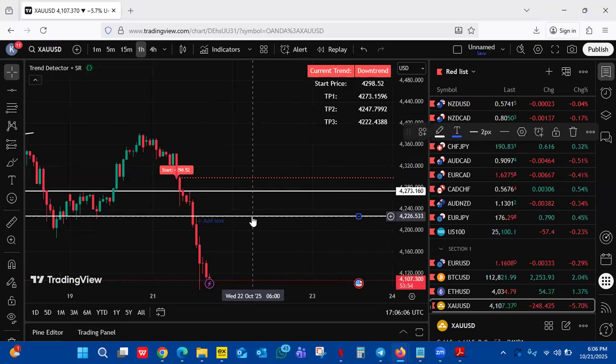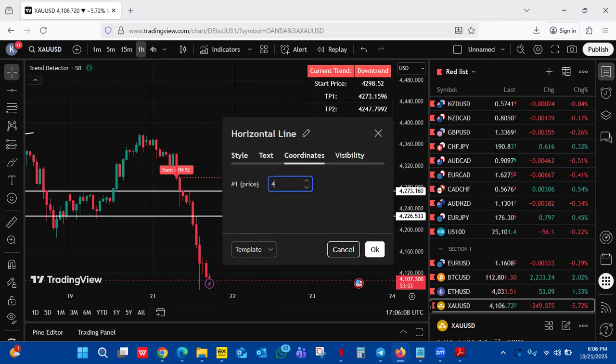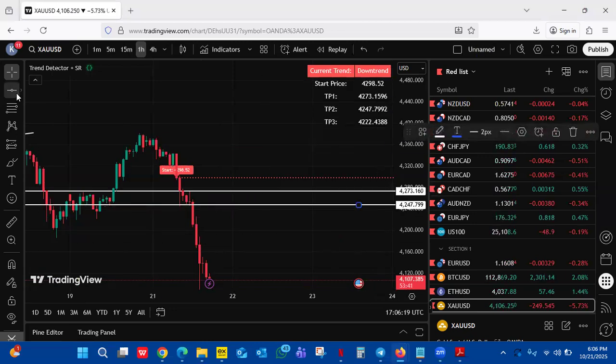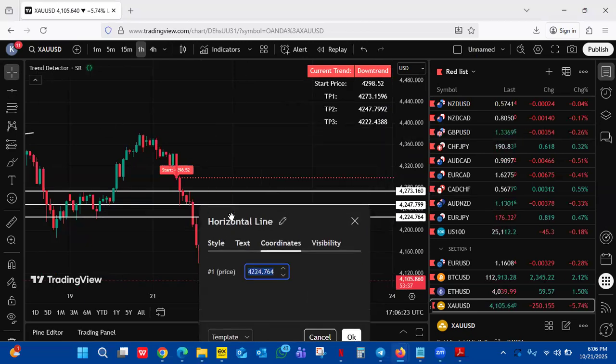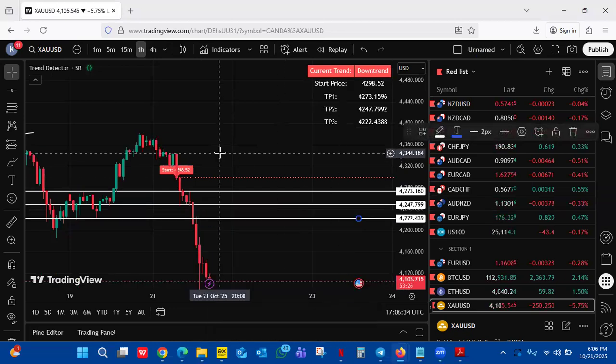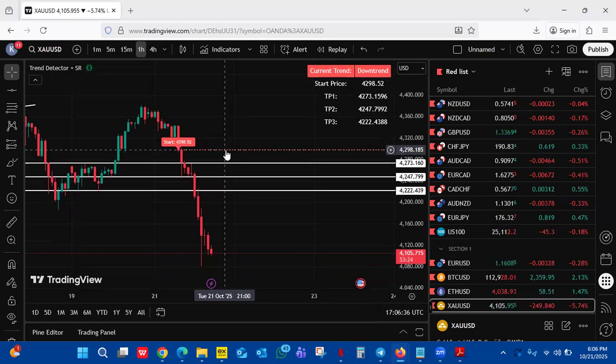Let's go to TP2, which is 4247.7992. Then let's go back to TP3, which is 4222.4388. So you can see, guys, that price started from here.